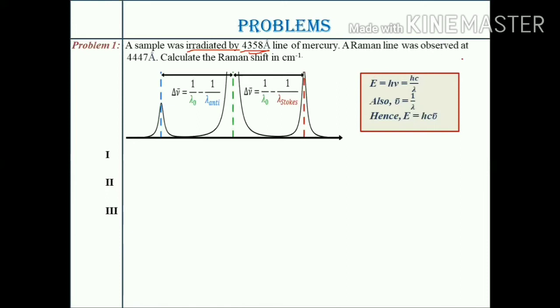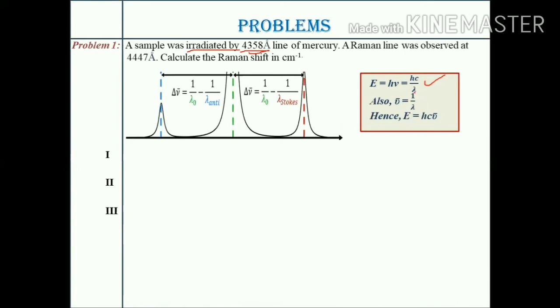A Raman line was observed at 4447 angstrom. Calculate the Raman shift in centimeter inverse. Not a problem. We know that energy is equal to h nu or hc over lambda, that is Planck's equation. Also, we know that the wave number, nu bar, is equal to 1 over lambda, that is inversely proportional to lambda.